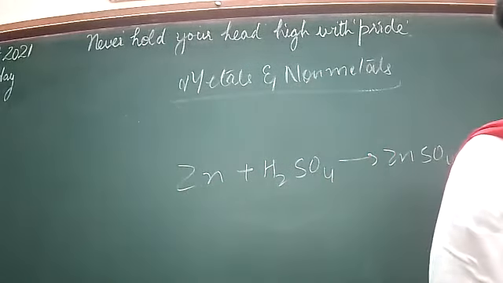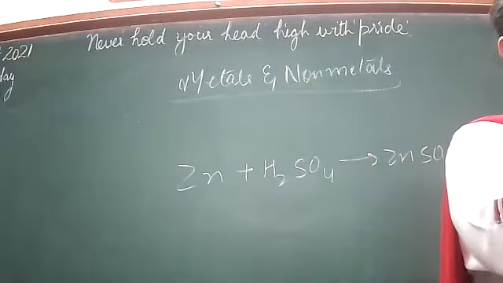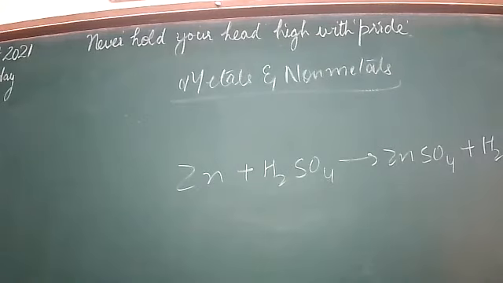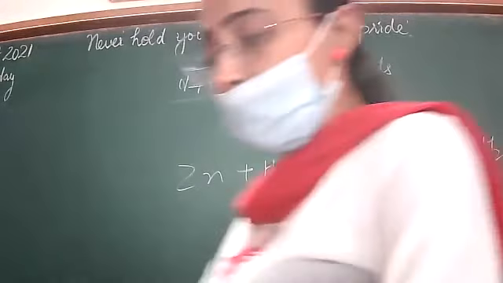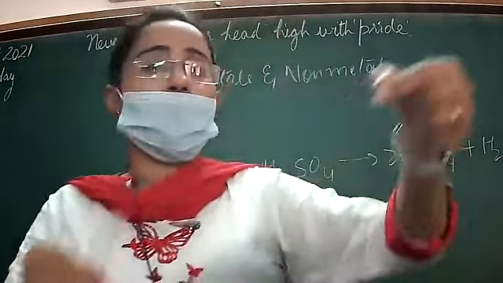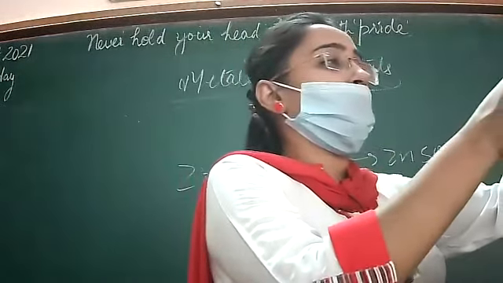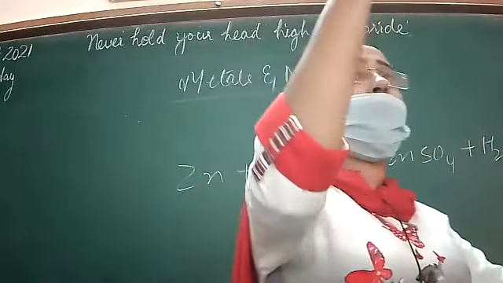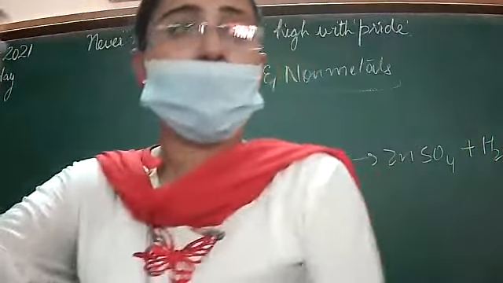So here I have added it, bete. See, this is zinc sulfate solution. Now I am adding copper into it. Copper in the form of powder, shreddings. I have poured copper into it.